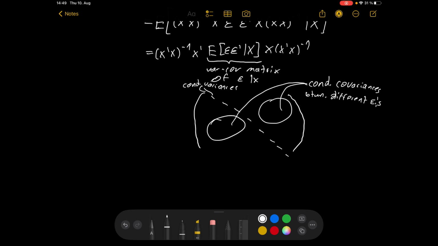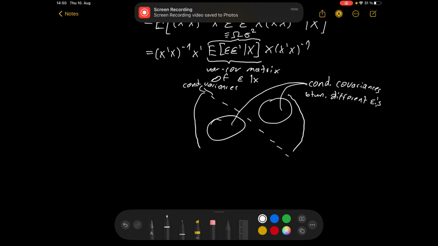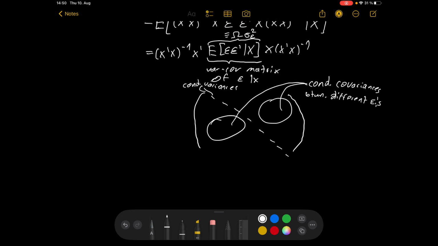Okay, and this matrix we just define, because we feel like it, as omega times sigma squared epsilon. This is just a normalization.